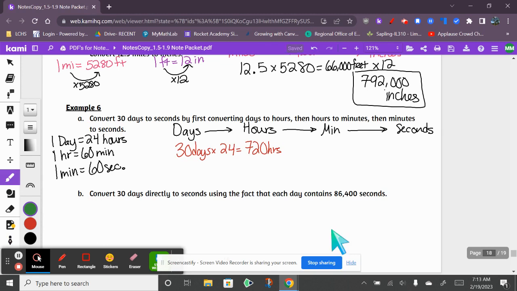So that's going to be times 60. So I get 43,200 minutes. And finally, I want to change it so that it's in seconds. So that minutes to seconds will also get multiplied by 60. So we get 2,592,000 seconds.